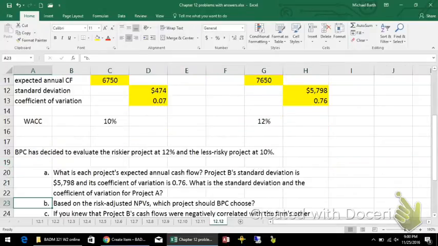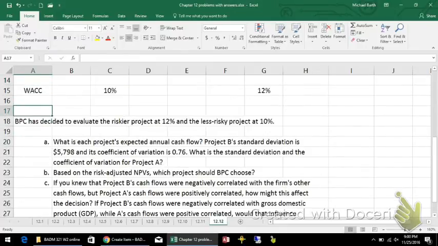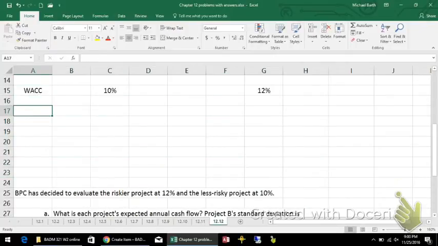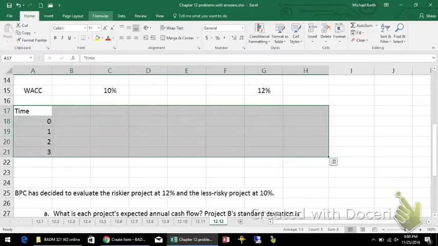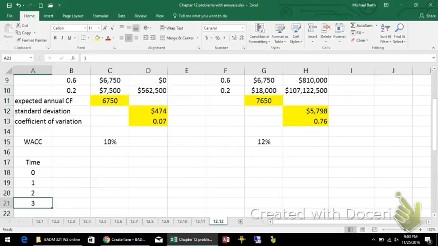All I need now is the cash flows so I can calculate the NPVs for these. So time periods 0, 1, 2, and 3. Both are 3-year projects. Each costs $67.50.